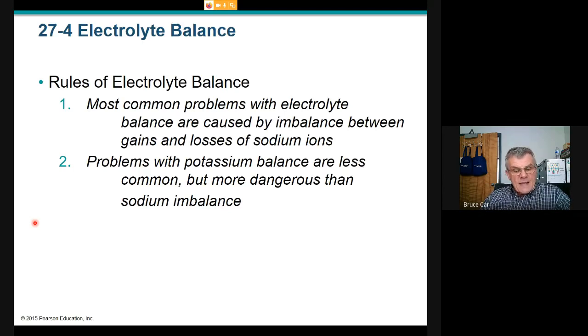If the sodium gets out of balance, it produces general effects that are related to the total solute concentration. Now, potassium balance would be second on the list, and it's much less common, but it's more dangerous because when potassium is in the wrong concentration, you're actually stopping metabolic reactions within the cell. So where osmotic relations are affected, extracellular fluid is affected strongly by sodium. The metabolism inside the cell is affected more strongly by potassium.